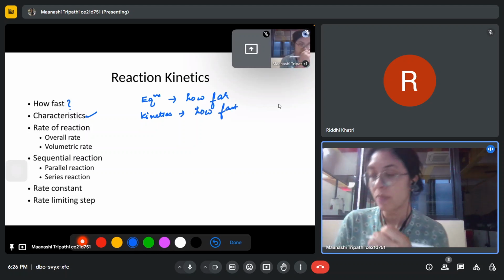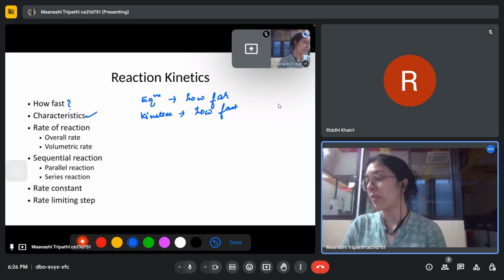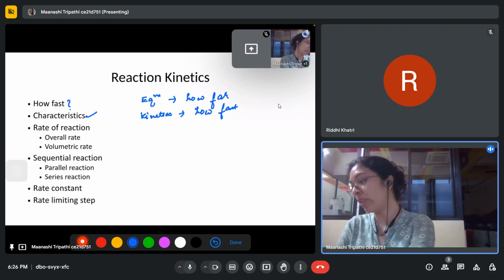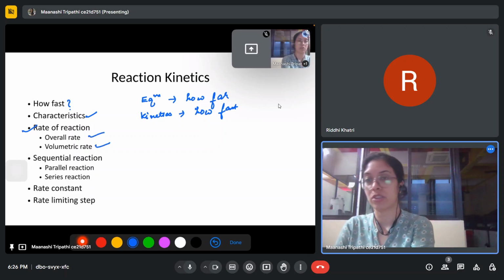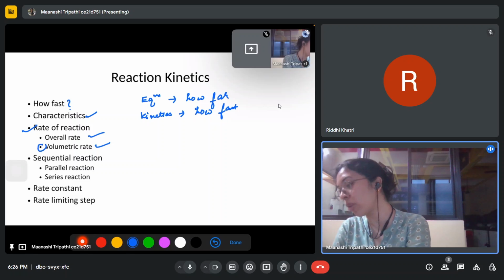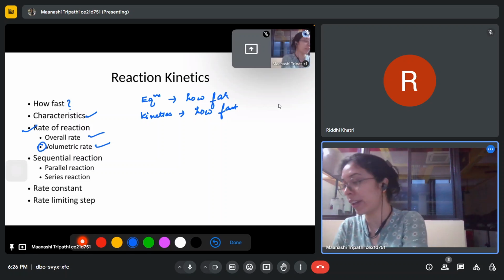So this is what defines kinetics. After that, we also learned about the rate of reactions. One was the overall rate of reaction and the second was the volumetric rate of reaction. We mostly use the volumetric rate of reaction because it gives the correct representation.